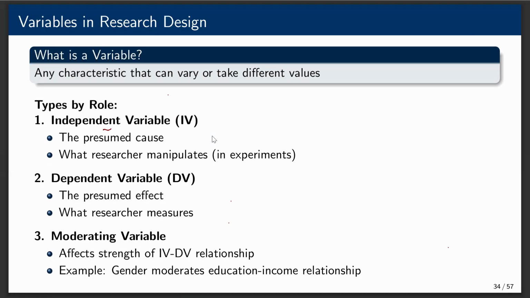For example, gender moderates the education and income relationship. Because sometimes, if you are trying to study the effect of education on income, male and female have different income levels.